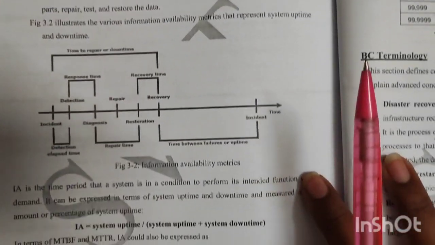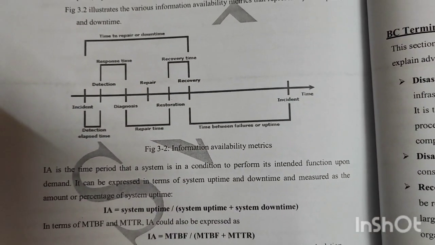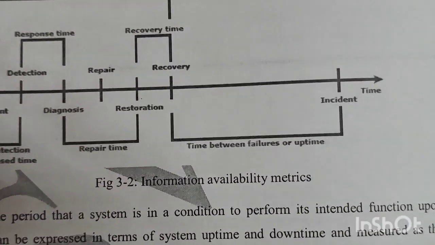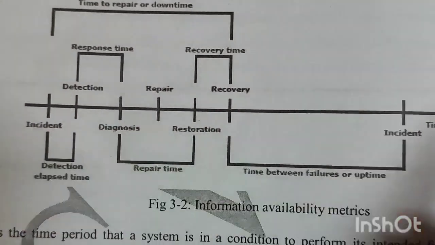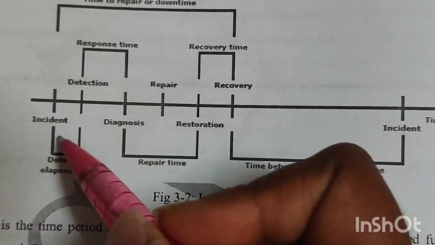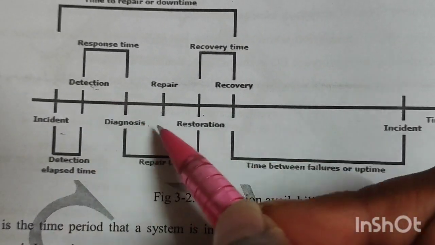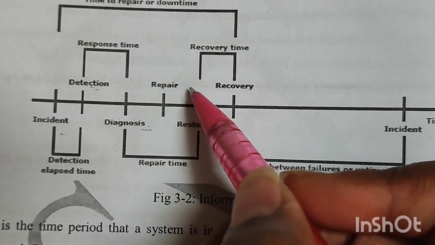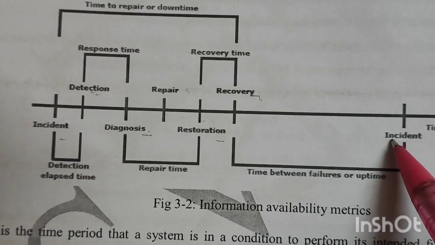Okay, so what you do here is draw this diagram where you have a timeline of incident. Your incident happens, then you detect the incident, diagnose it, repair it, restore, recover from the incident, and then again until the next incident.